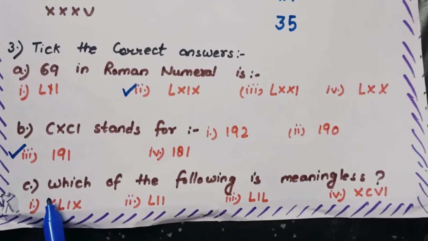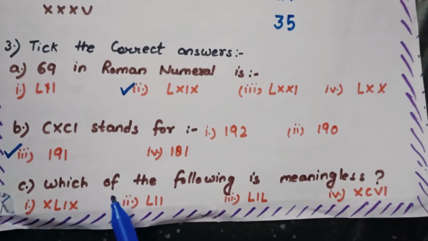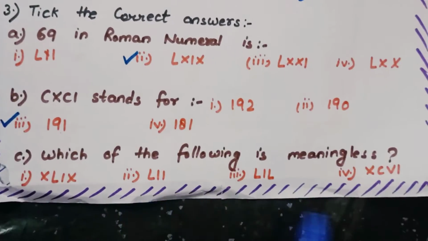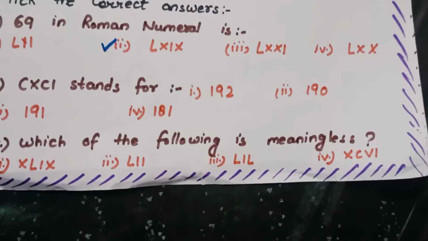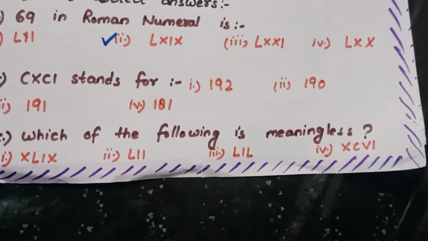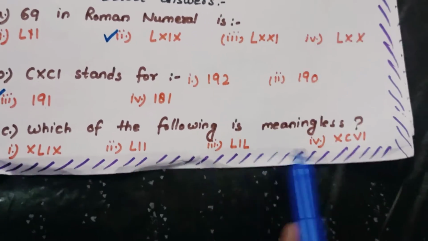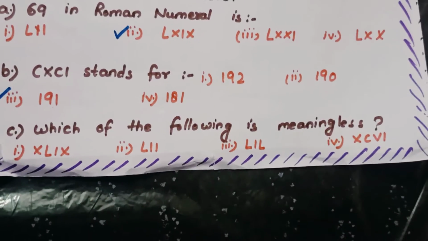Now this part, let us see what the question says. Which of the following is meaningless? It means in Roman numerals, students, I hope I have already explained that there are many symbols and combinations that don't have any meaning.